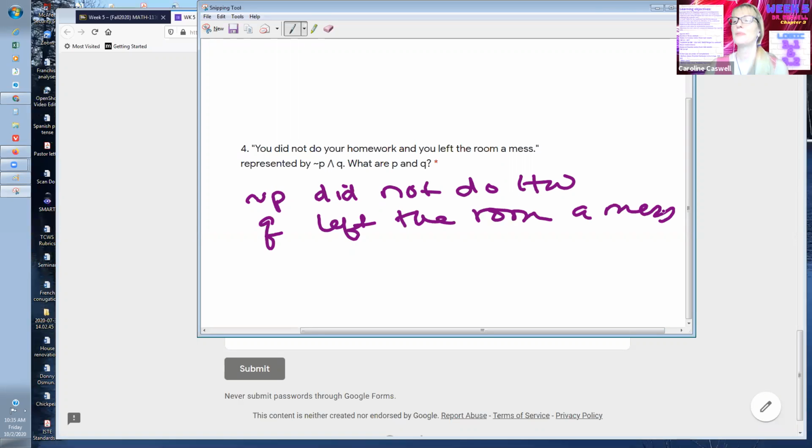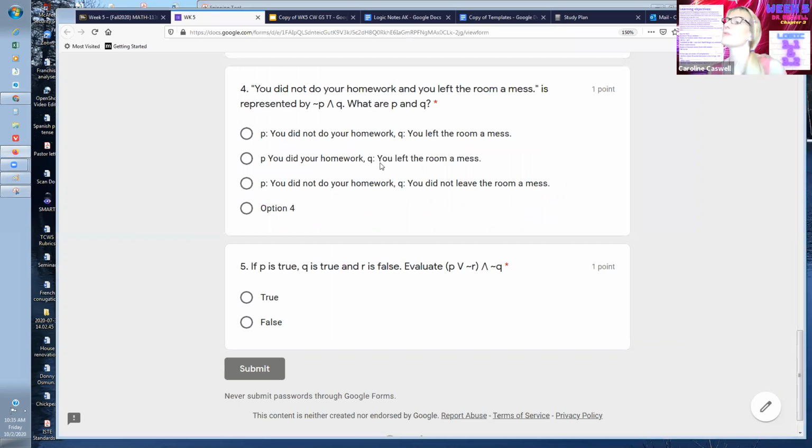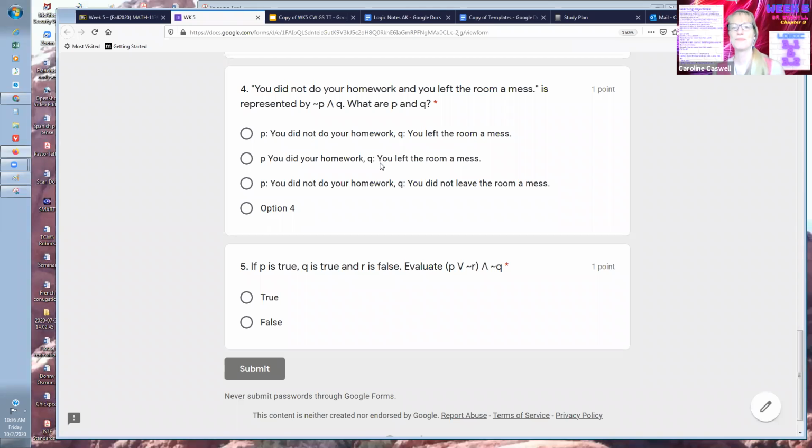So what are P and Q? What would P be if not P is you did not do your homework? You did your homework. Good. What would Q be if Q has left the room a mess? Left the room a mess, of course. So now you pick the one that's correct here. And I don't know why there's an option 4. There should not be an option 4. So go ahead and pick the correct one.